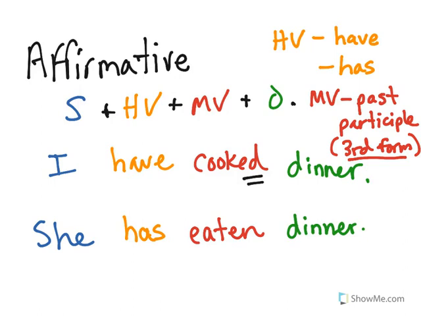And here you can see that eaten is an irregular verb, so it has a special past participle form. If you need a list of regular and irregular verbs and the forms of irregular verbs, it's very easy to find on Google. Just Google English irregular verbs, and you'll get a nice long list of the past tense and the past participle forms of irregular verbs.